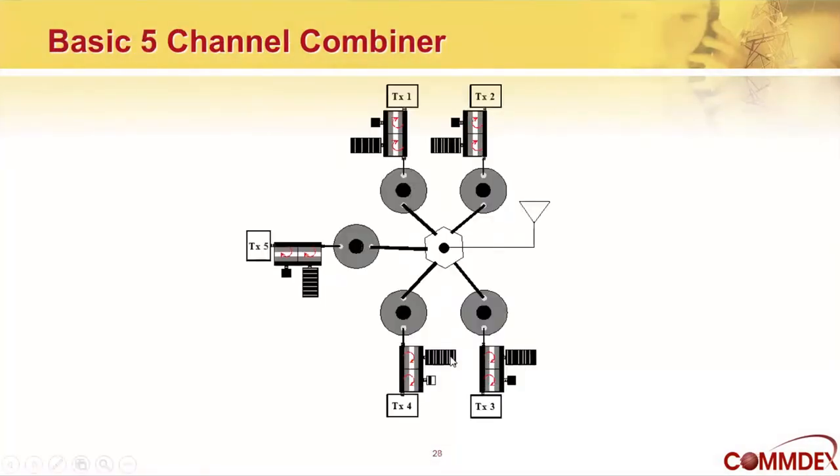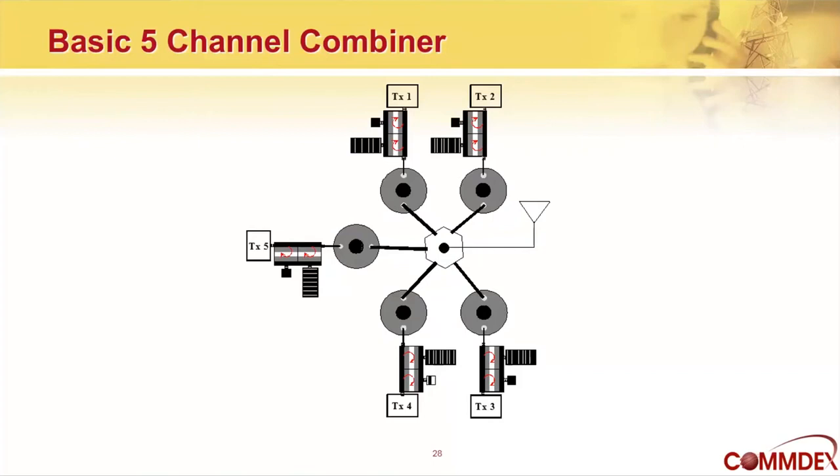So let's look at how transmitter combiners work. You remember on a duplexer we had a combining point in the middle where the transmit side and receive side go to the antenna. Here in the middle of this diagram, the hex-shaped device is just a mixing point where everything is connected together. In this case, it's a 5-channel transmit combiner.